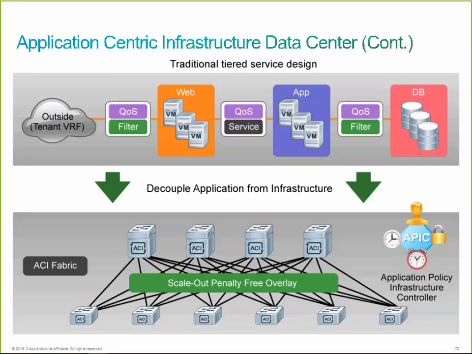ACI is essentially a very comprehensive software-defined networking architecture. We use policy-based automation solutions so that we can apply policies to our business-relevant applications. We have business-relevant application policy languages, open languages that support scalability through distribution systems.